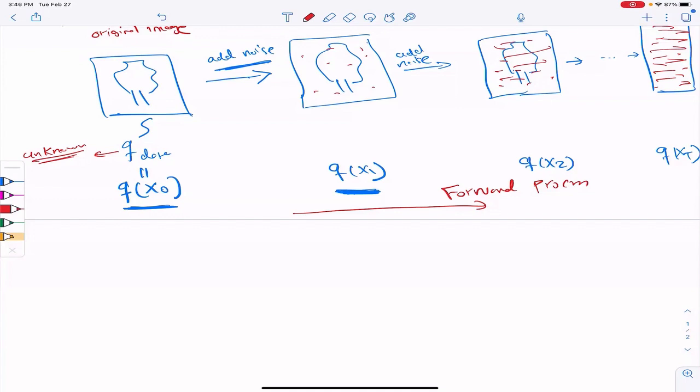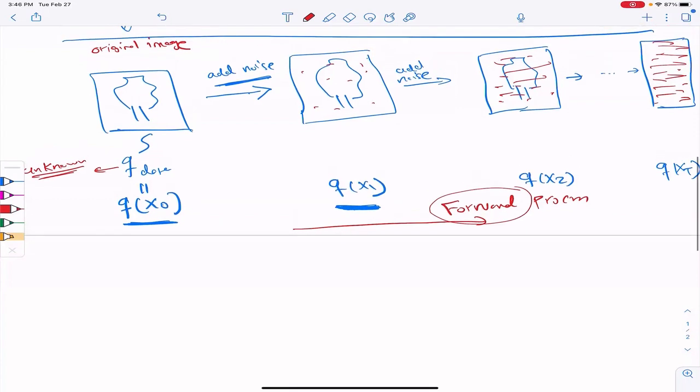One trick to remember which way is forward and which way is backward or reverse: forward, you go towards noise. So that's how we define the forward process. At each step of the forward process, we are adding a tiny bit of noise to our distribution from the previous step.